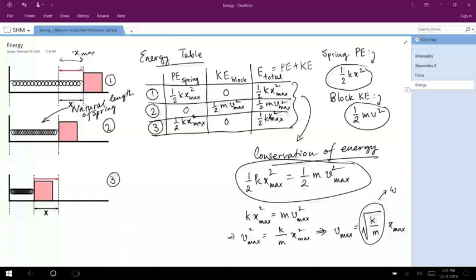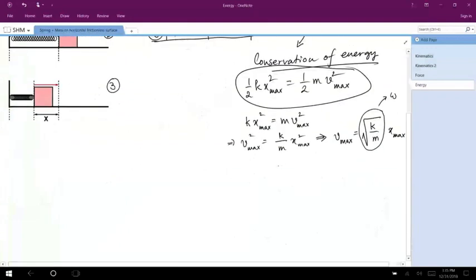Okay, so since omega is square root of K over m, that tells us that the maximum speed V max is equal to omega times x max. Okay, so that's the max speed, and this one is the max displacement of the block. But the max displacement is also known as amplitude of the SHM.